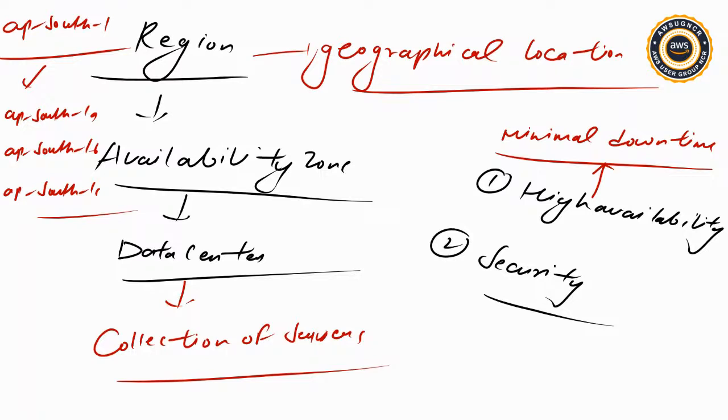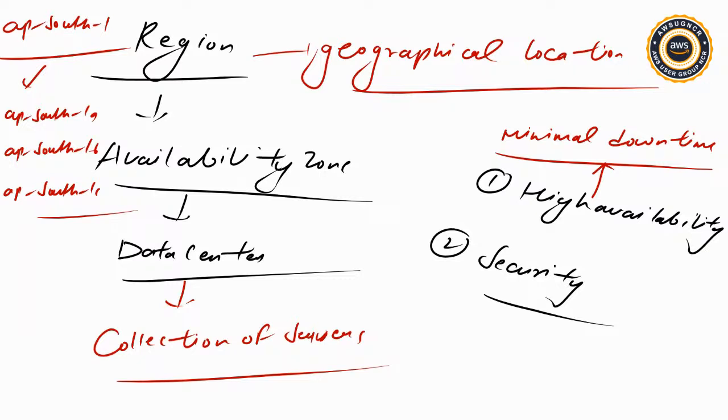For example, when we talk about region, it's a geographical location where AWS has its presence or where AWS infrastructure resides. Okay. But where AWS infrastructure resides, that will be taken care of by the data center. So a region is a collection of two or more availability zones, a technical definition. What is an availability zone?